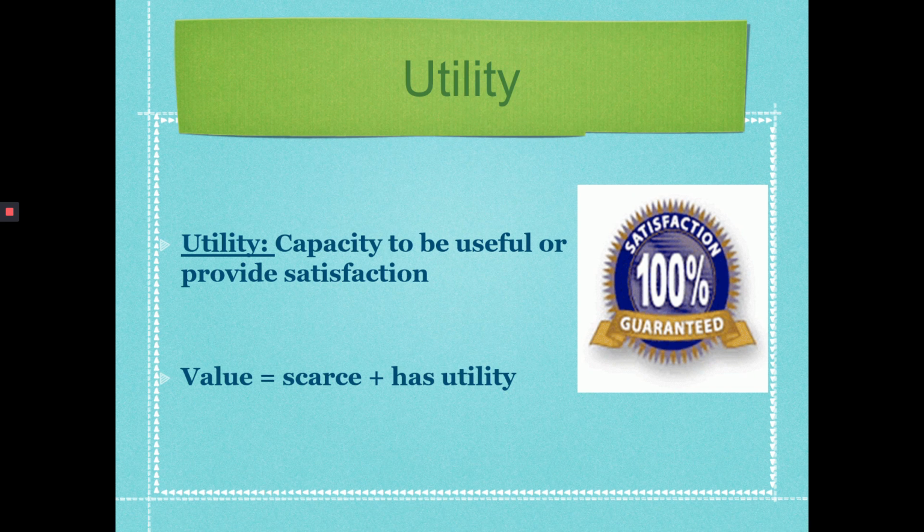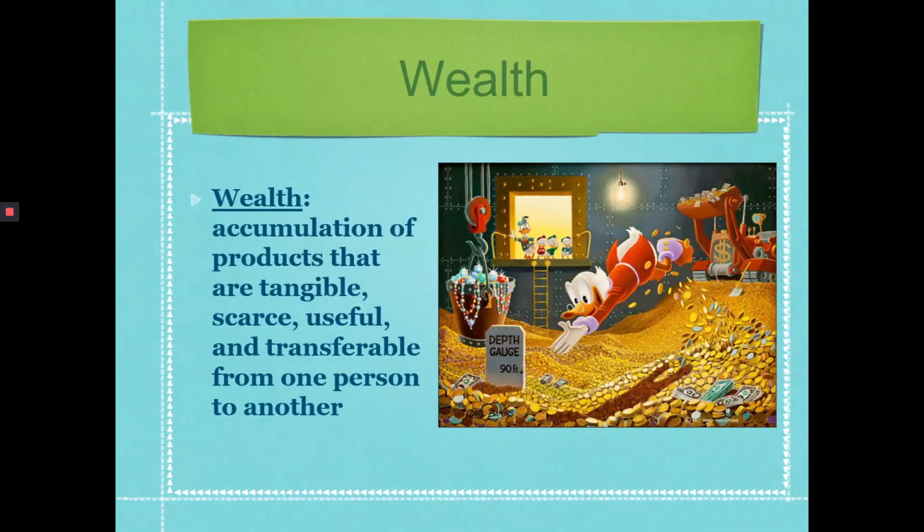Okay? It also has to be scarce. The more scarce the item, typically the higher the value. So in order for something to have value, it's got to be scarce, and it has to provide some sort of usefulness or satisfaction to us in order for it to have value.